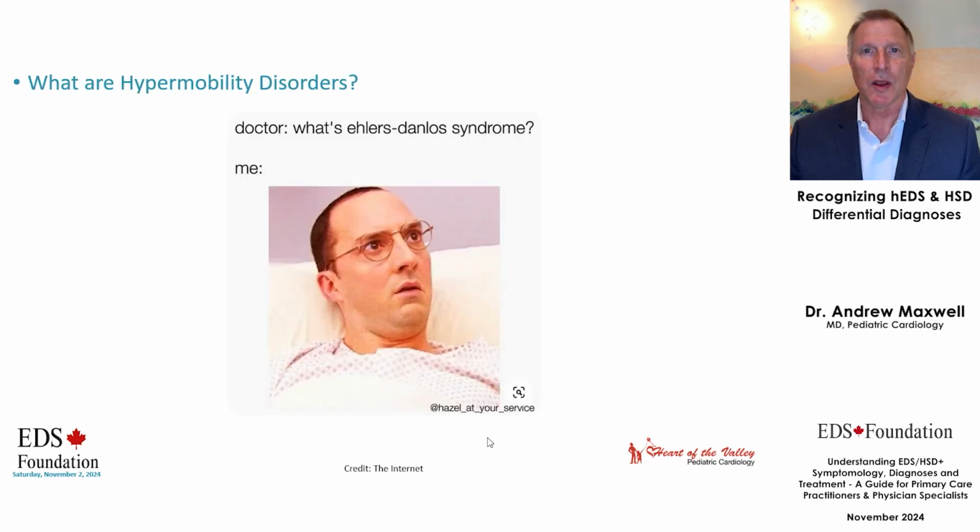Well, we can't really talk about how to identify hypermobility spectrum disorders unless we have a good working definition of what they are. So what are hypermobility disorders to begin with? They are genetically connected issues with connective tissue disease in a nutshell.